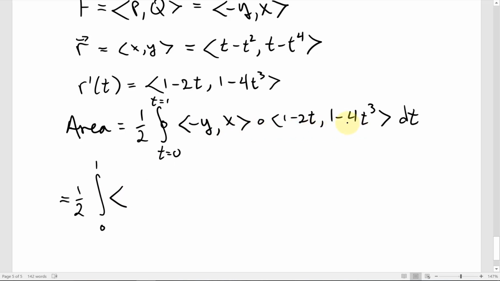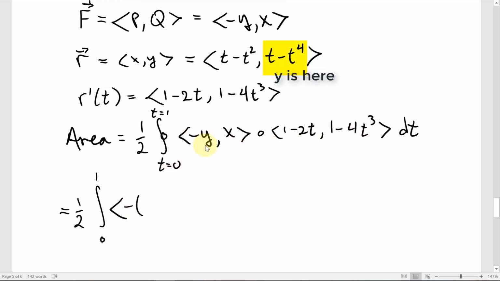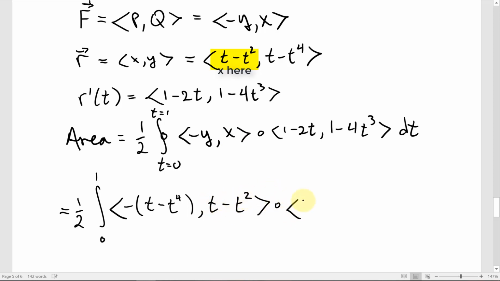Now I'm going to put everything in terms of t. So I'm copying down minus y, so that's minus t to the 4th, and then the x, which is t minus t squared, dot with the derivative of the x and the derivative of the y.